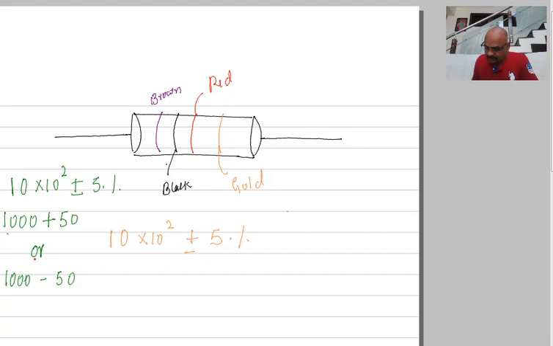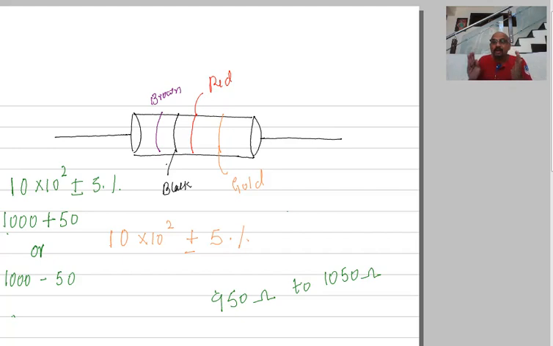So that means the resistance can have the variation from 950 ohms to 1050 ohms.